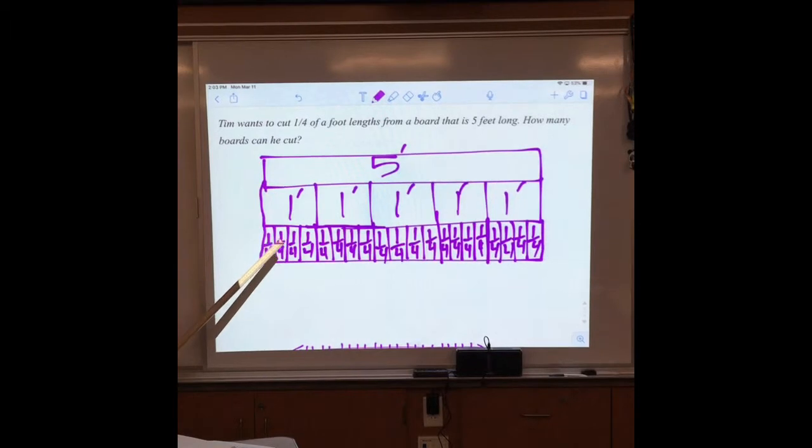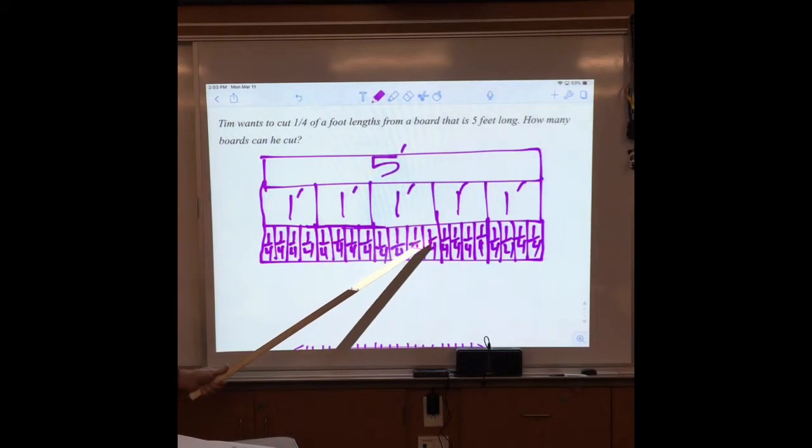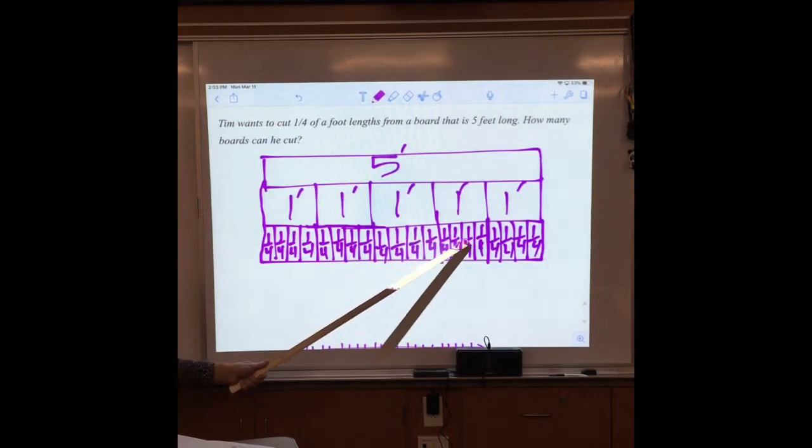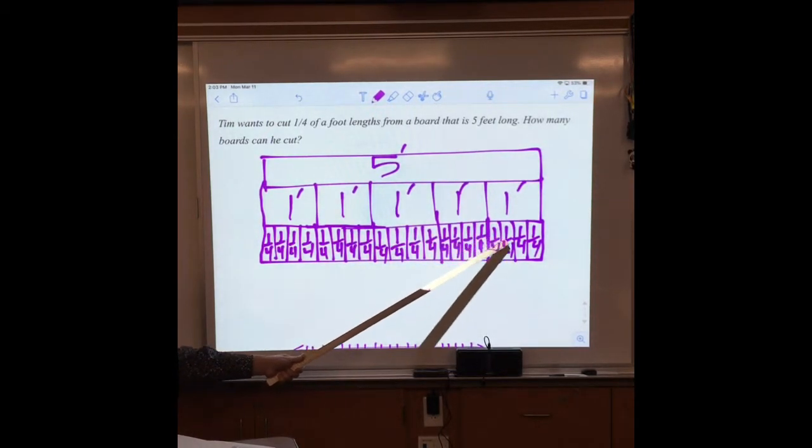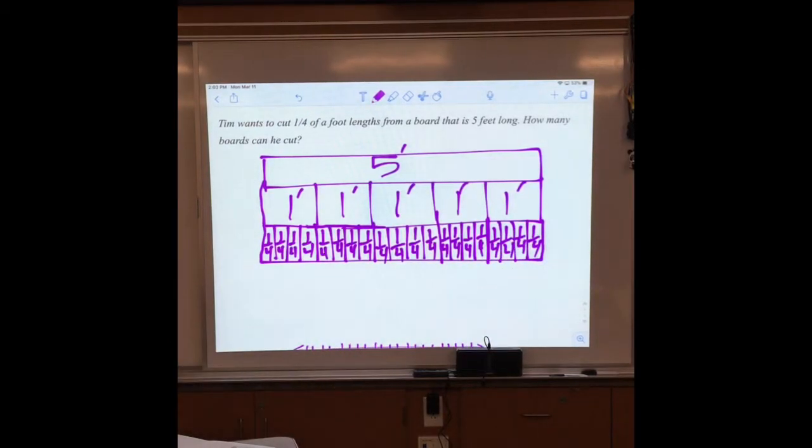We have 1, 2, 3, 4, 5, 6, 7, 8, 9, 10, 11, 12, 13, 14, 15, 16, 17, 18, 19, 20. We have 20 fourths. So how many boards will he have at the end?